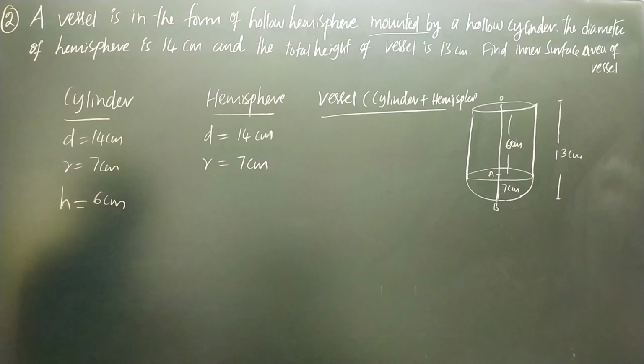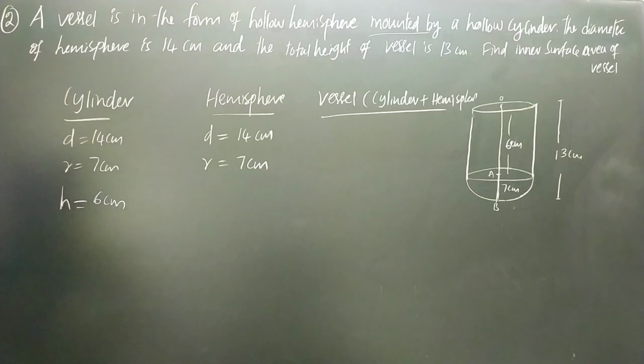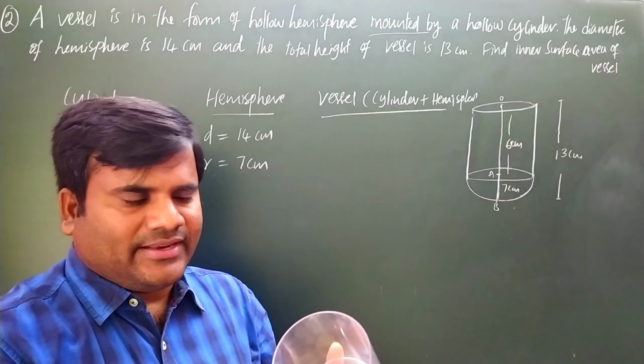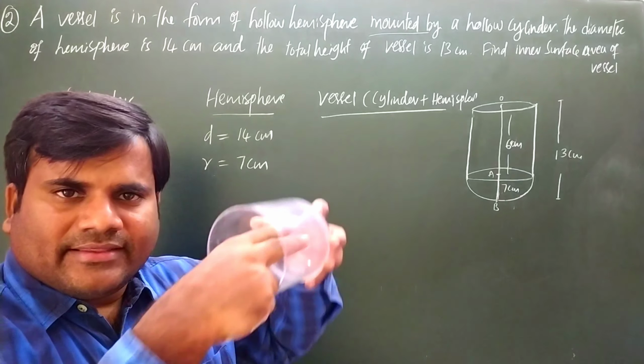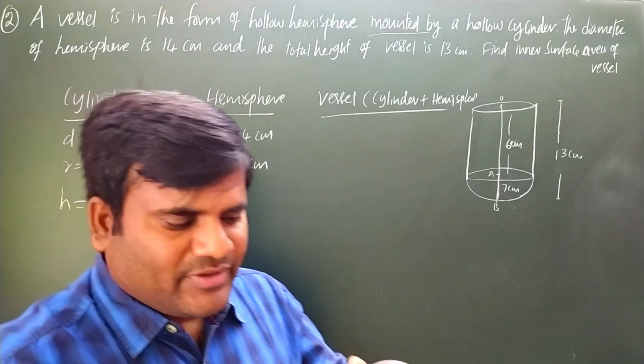So finally the question is to find the inner surface area of this figure. To find the inner surface area, we need to find the CSA of cylinder plus CSA of hemisphere.